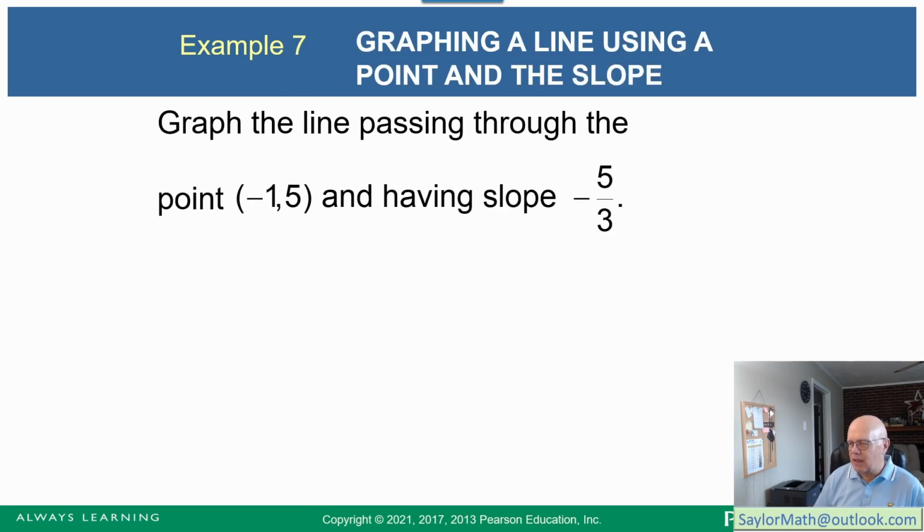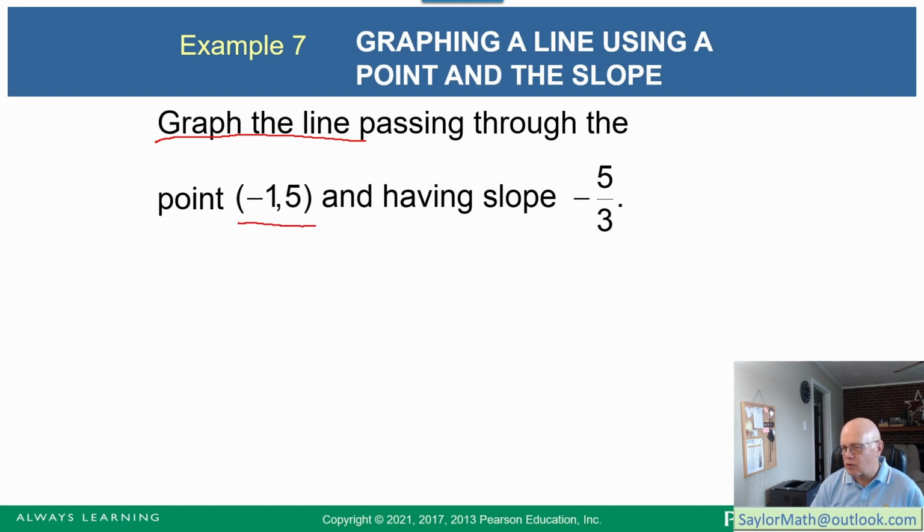Now how about this one? This is something that you can do, but maybe you haven't done before. So what you want to do is graph this line. We're told that it's a line, and we're given two things about that line.